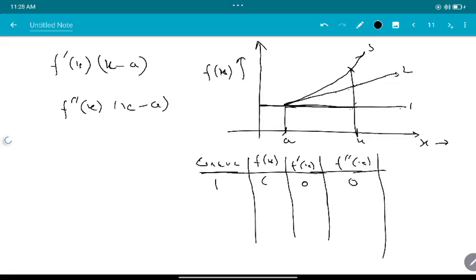In curve number 2, f(x) was variable and f'(x) was constant. How did we get this additional distance in curve number 2? We took the rate of change of this, multiplying that by the time interval, x - a.